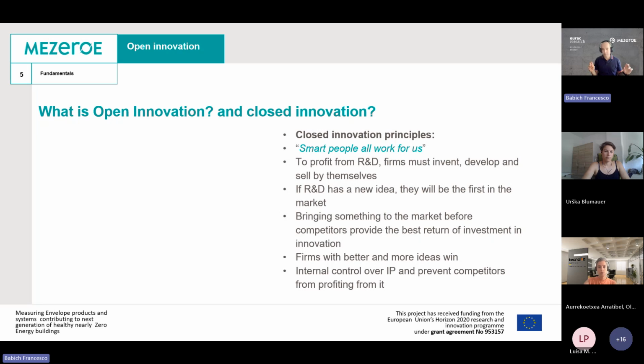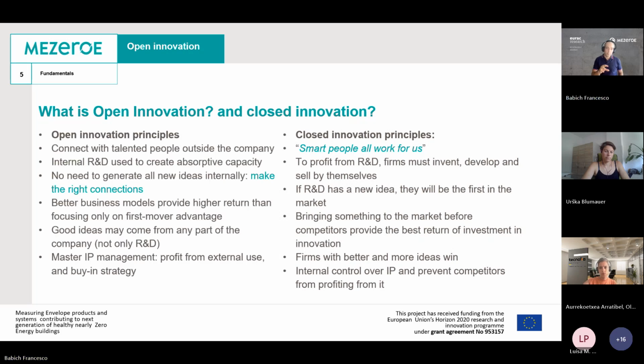It's very well represented by the first sentence: smart people all work for us, which means in a closed innovation model, the priority is having the best people within your company to develop the best technological solutions before others do the same. And this is where I would say many companies in the construction sector could follow.